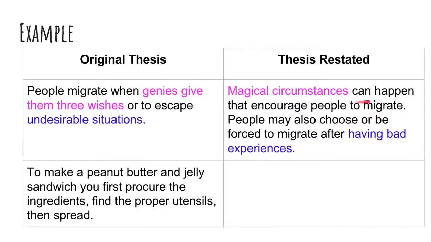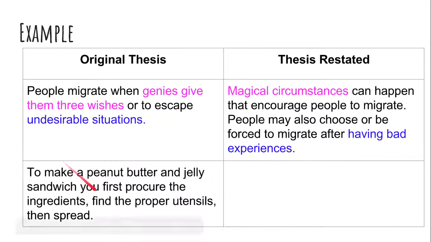Magical circumstances can happen that encourage people to migrate, period. People may also choose or be forced to migrate after having bad experiences. And the phrase having bad experiences has the same meaning as the phrase undesirable situations. Undesirable equals bad. Situations, same thing as experiences.